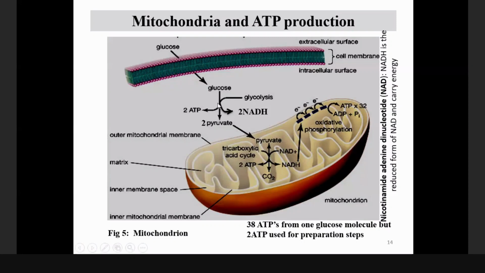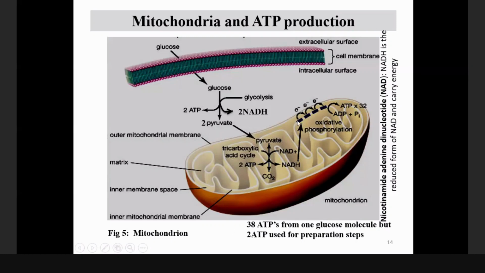Glycolysis is a process through which ATP is produced with no oxygen, and that's called anaerobic respiration. So 2 ATP are synthesized in the cytoplasm through glycolysis, and pyruvate is formed. 2 pyruvate molecules from a single glucose molecule are formed, and that pyruvate enters the mitochondria of your cell.